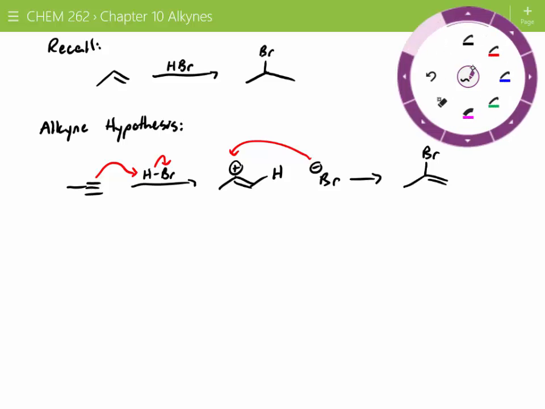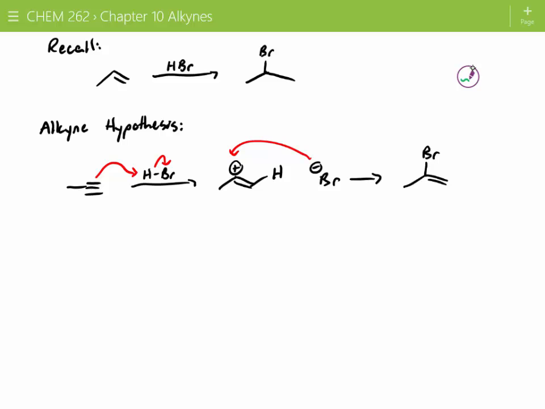The problem is that the intermediate isn't correct. So this is called the vinylic carbocation, and it's not observed. So using this mechanism will get you to the right product, but it's not truly the right mechanism.